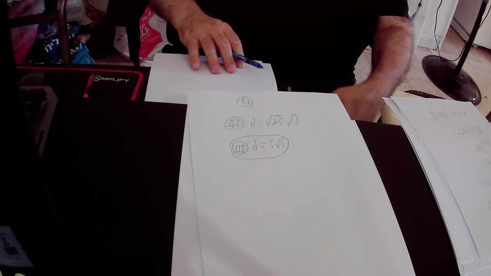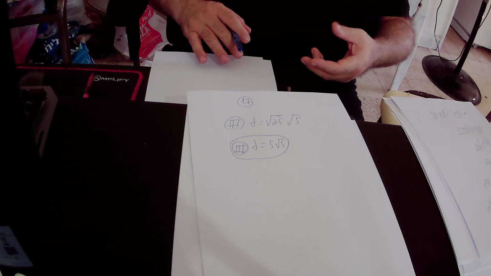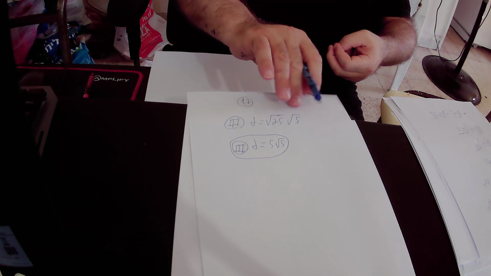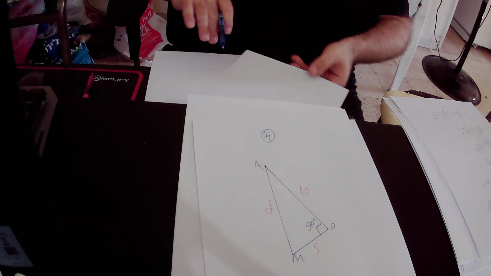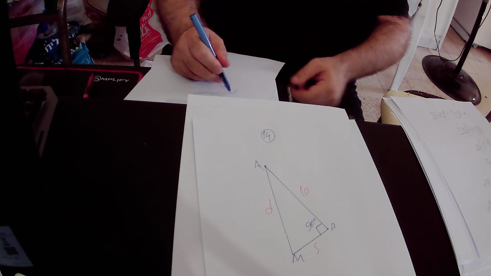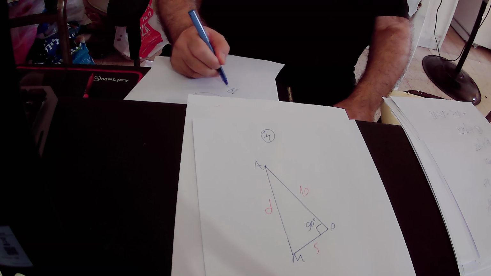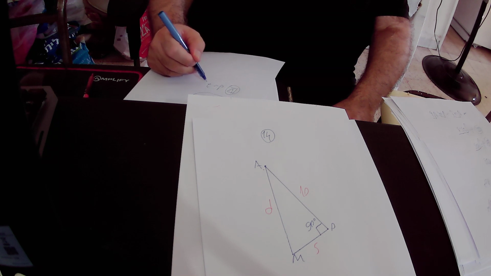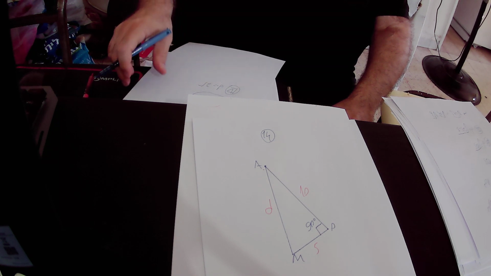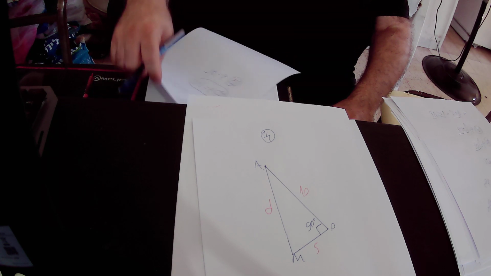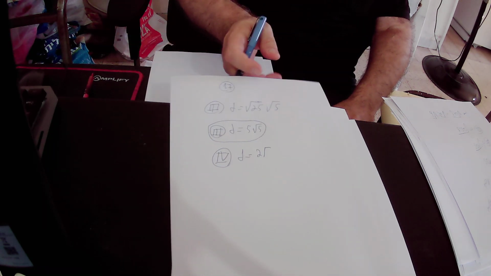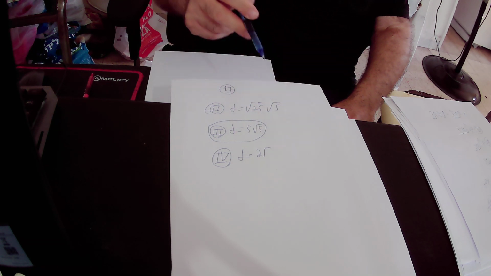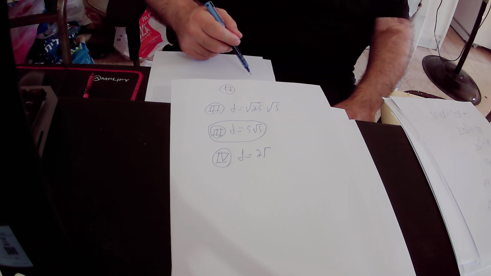As you already know, the diameter of any circle equals 2 times the radius of the circle. That will be our fourth equation: the diameter of any circle equals 2 times the radius of any circle.